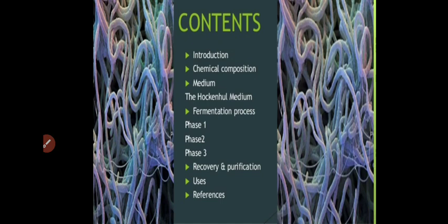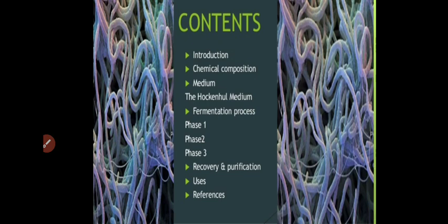So, about streptomycin, we are going to learn in detail: the introduction to streptomycin, its chemical composition, the medium used for production, and the microorganism used for the formation of streptomycin. Then we will learn the media composition of the Hockenhull medium, which is used for the production of the antibiotic.